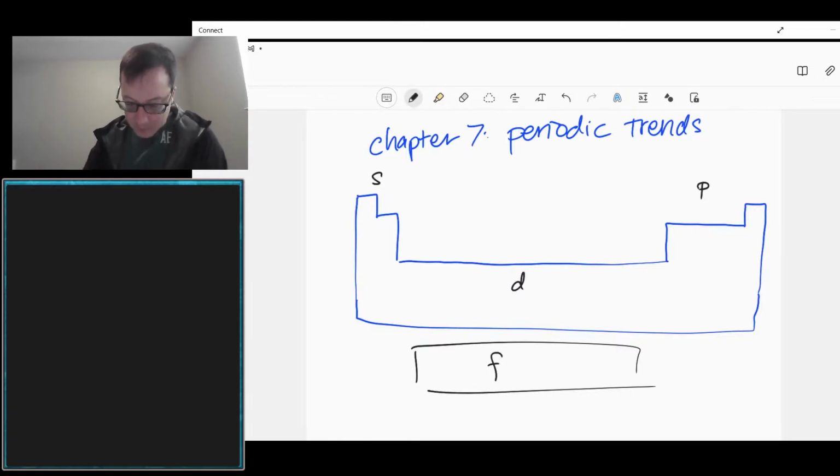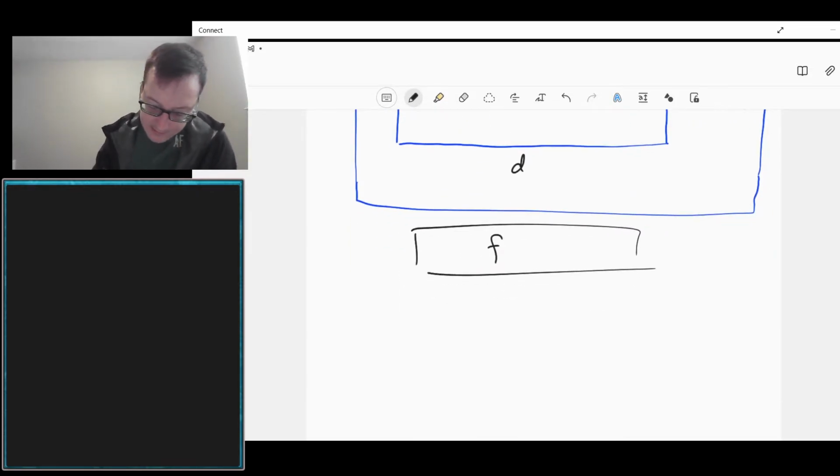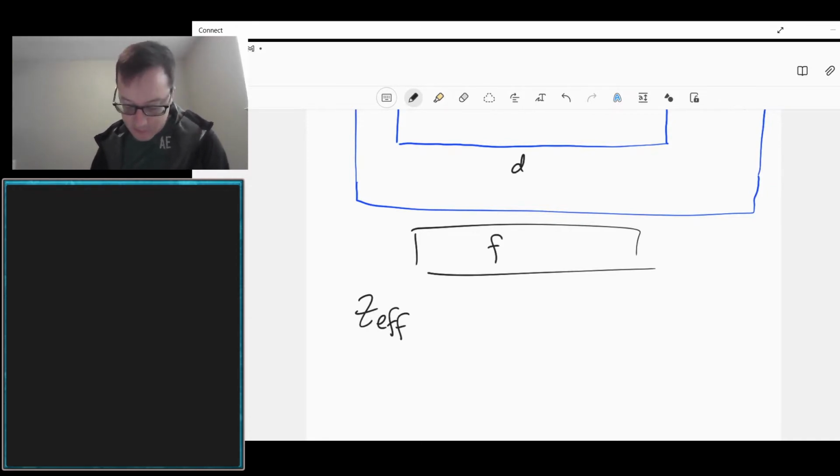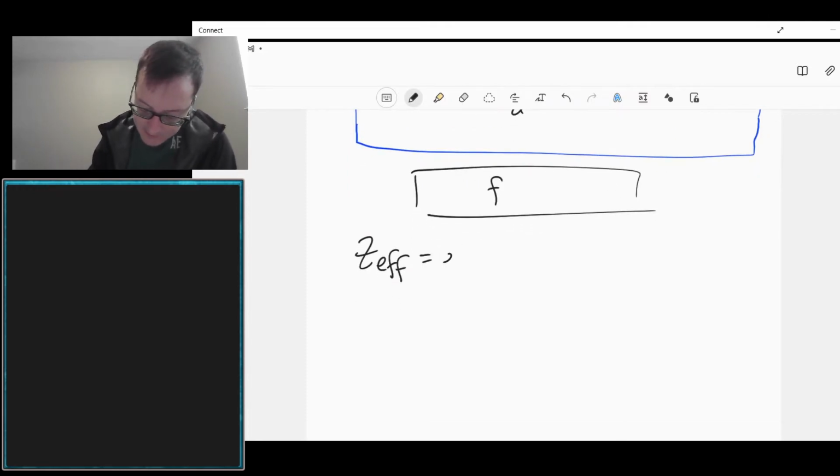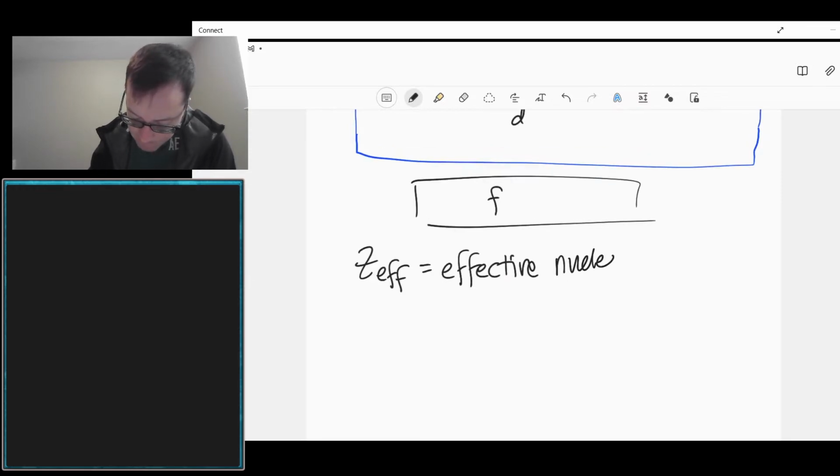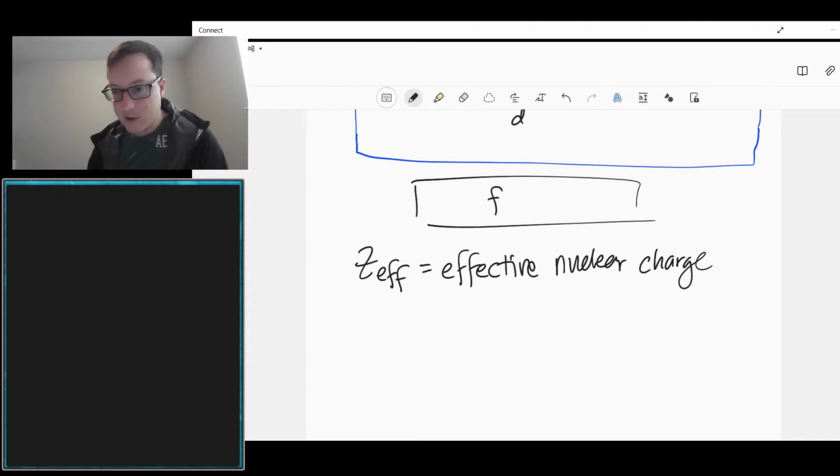So overall, we're going to see certain trends on this periodic table. And the first one we're going to look at is something called Z effective, which is our effective nuclear charge. The effective nuclear charge is essentially how much charge the outermost electrons will experience.